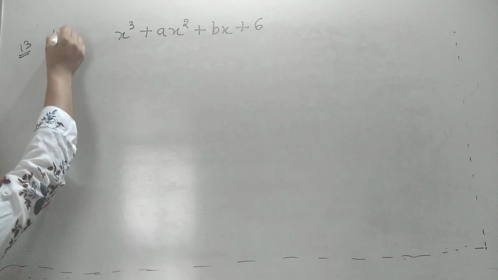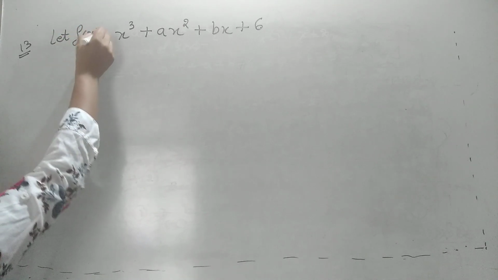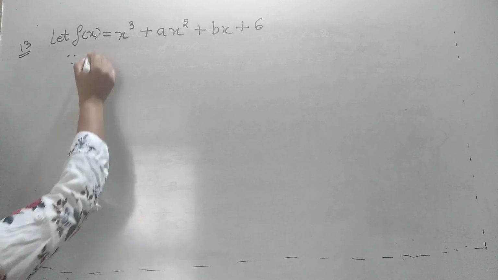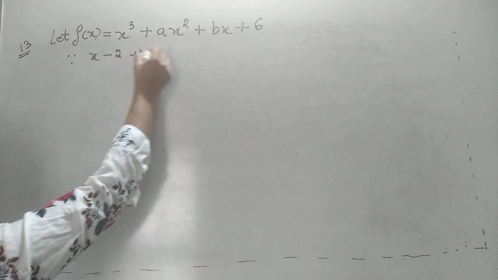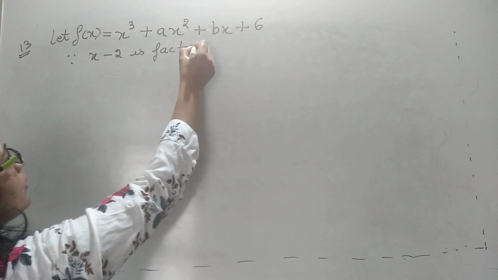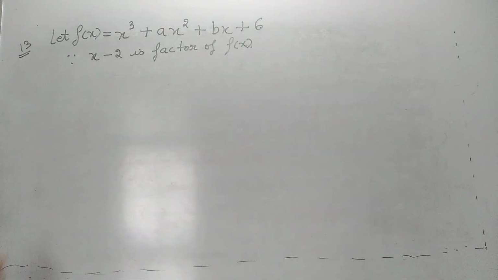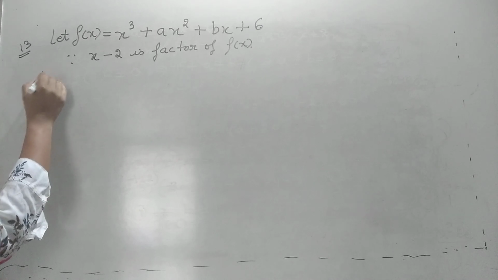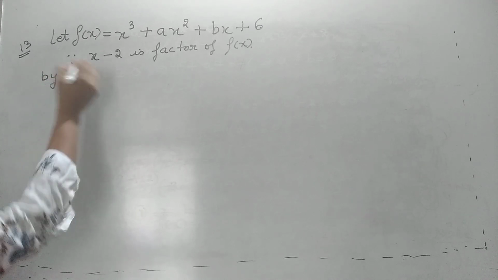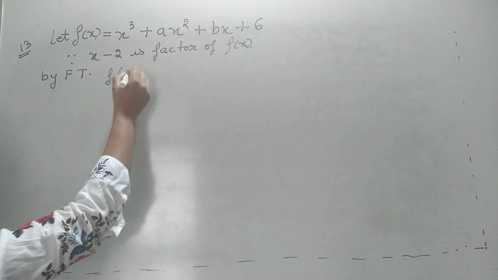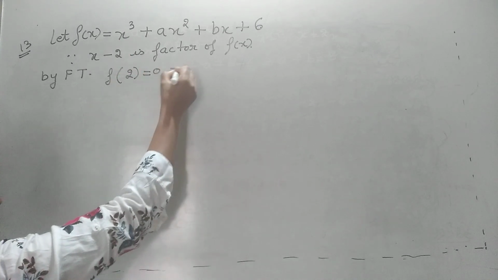Now, what is the first step? Every time you have to give a name to the polynomial. So, we give it a name fx. First of all, we are given that x minus 2 is factor of fx. So if x minus 2 is factor of fx, then what can we write by factor theorem? By factor theorem, f of alpha, that is f of 2, is equal to 0.